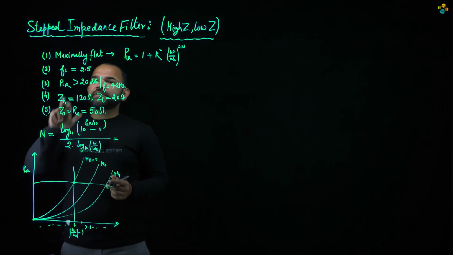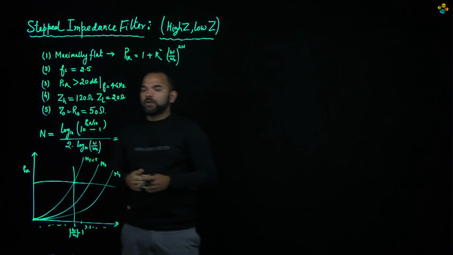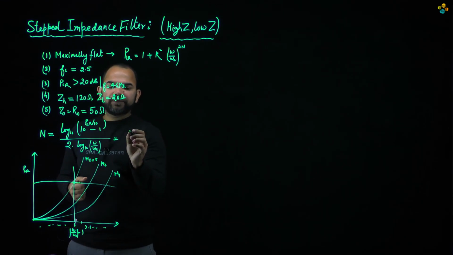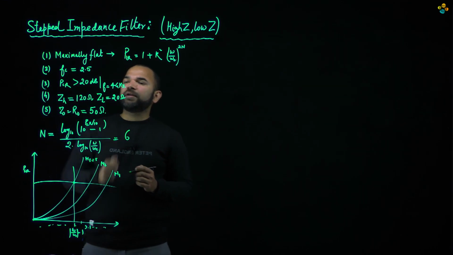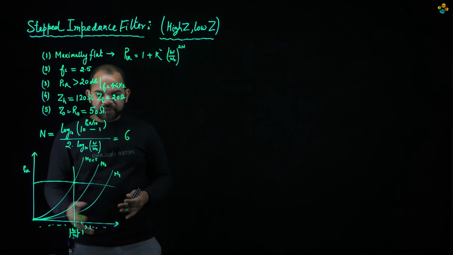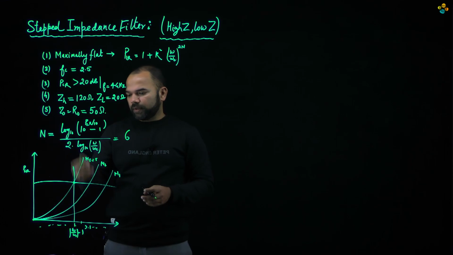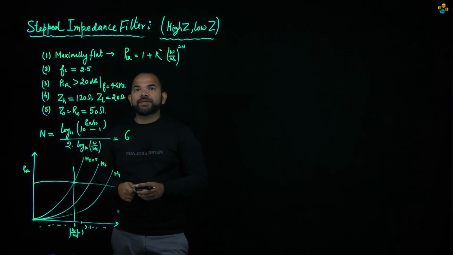As the problem suggests, we need slightly greater insertion loss, so we need to choose the next higher order filter. So we have chosen n equals 6 to have the PLR greater than 20 dB. This can be easily seen in our book in these graphs. So we have chosen the filter order as 6.